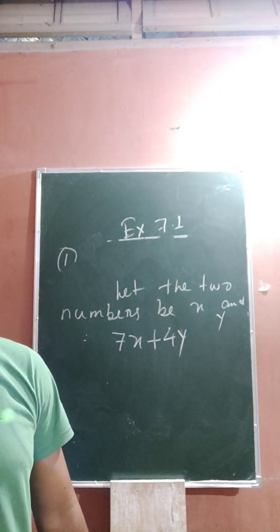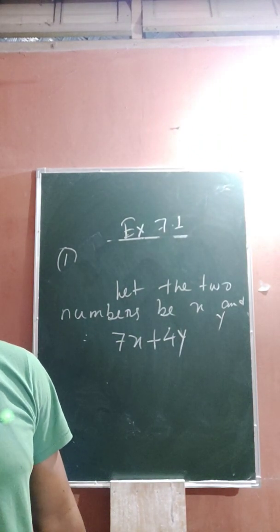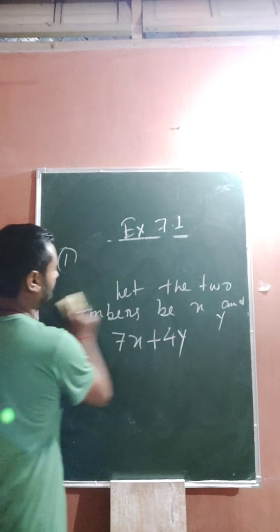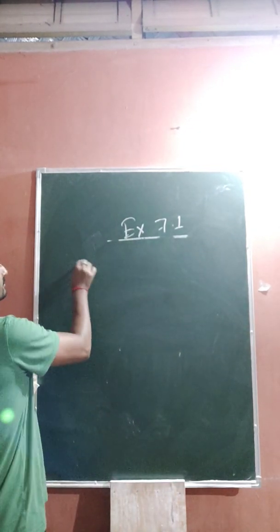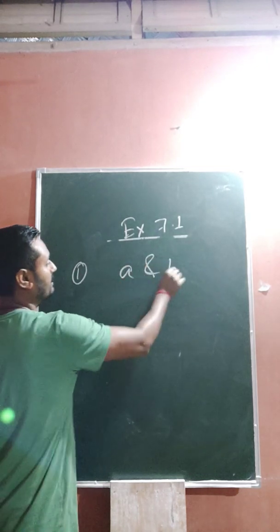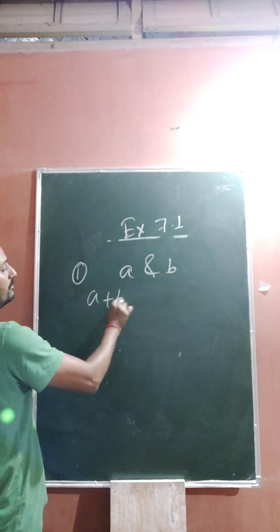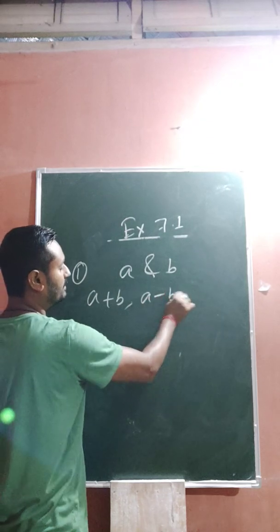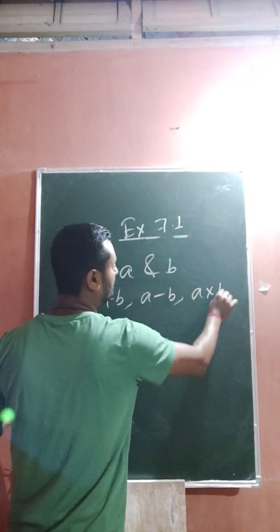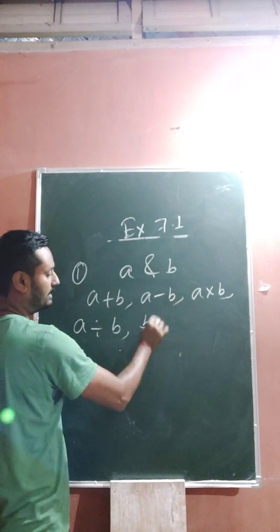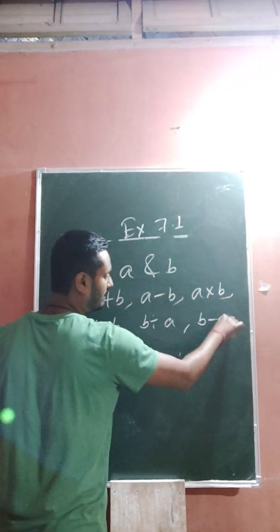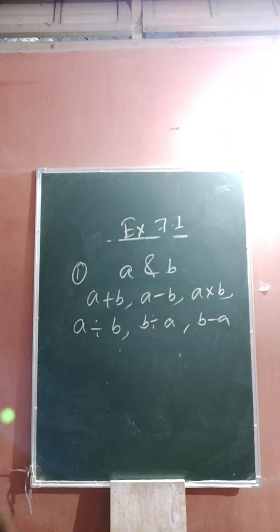Now again, question number 2, form all the possible expressions using a and b. You have to write all possible expressions using a and b. So that means a plus b, you can write a minus b, a into b, a divided by b, b divided by a, and b minus a. a plus b and b plus a are the same actually.